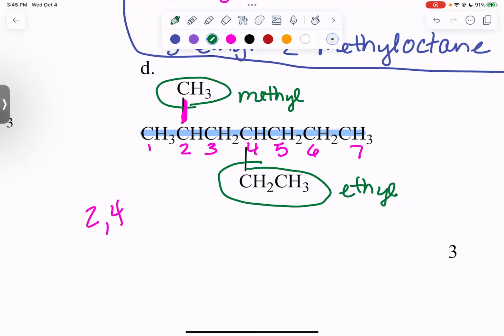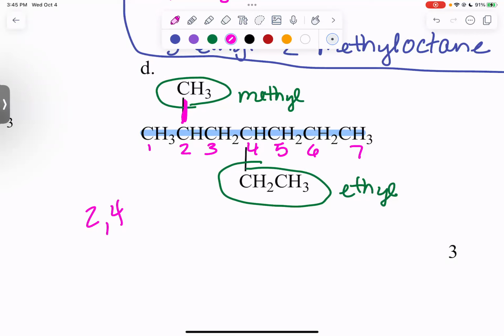If I did it the other way and I did 1, 2, 3, 4, 5, 6, 7, that would give me something at 4 and 6. I don't want that. So I'm going to get rid of my greens. All right, 6, 7, we're going to get rid of. All right, so now we're going to go with the pink numbering.